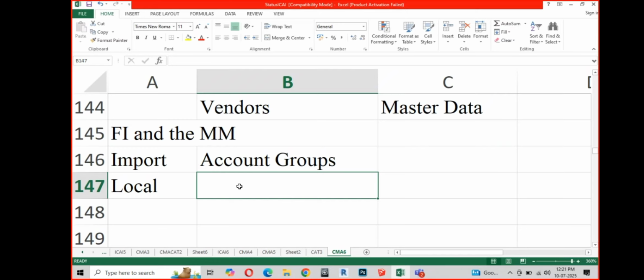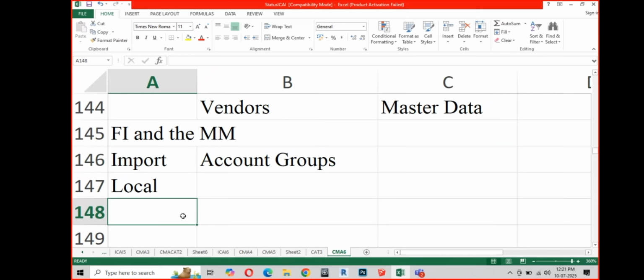So there is a similar methodology where you classify your vendors or your customers also. You could be importing some very costly raw materials, right? This constitutes the concept of your account groups, or you can also have the account groups based on the volume of the business.